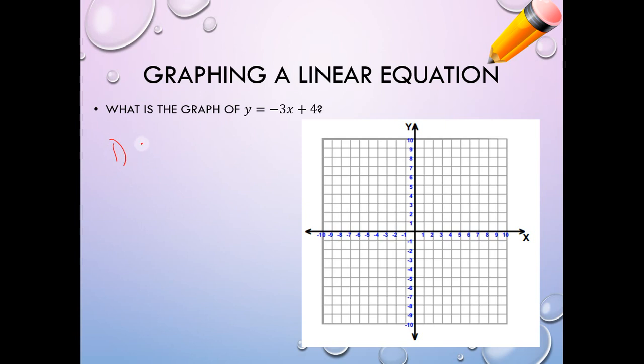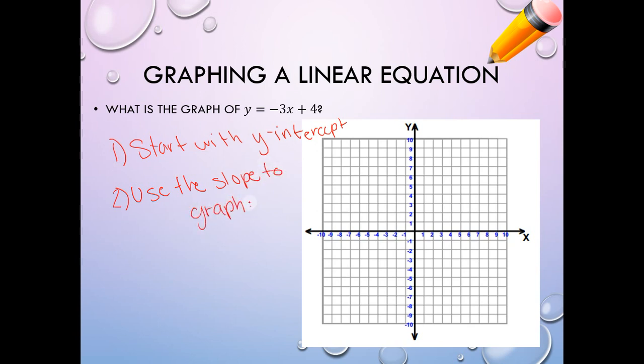What I always do is I start with the y-intercept. From him, I use the slope to graph it. You only need 2 points to graph a line technically. Now, when using the slope, you're going to use your rise over run technique.